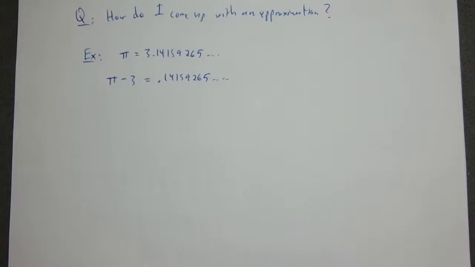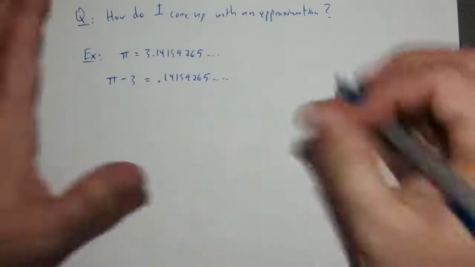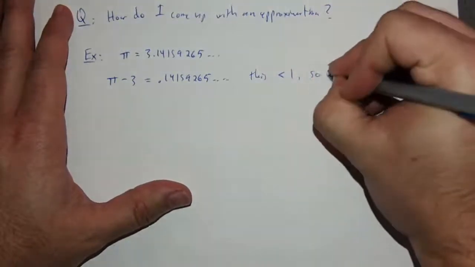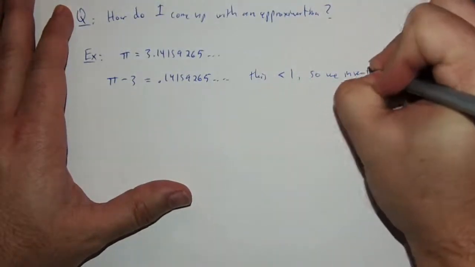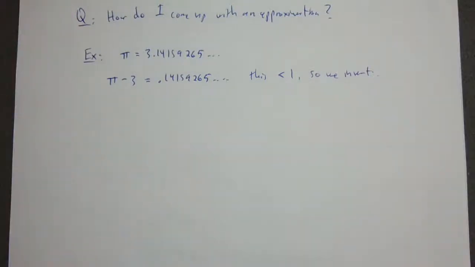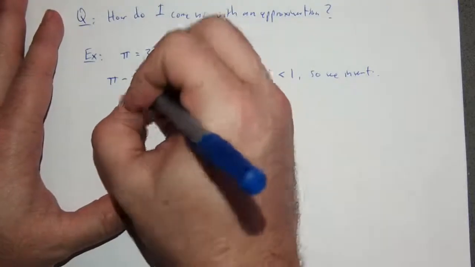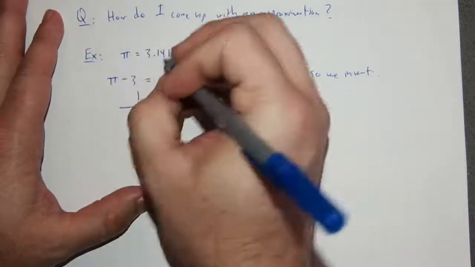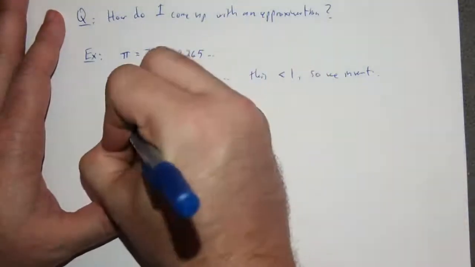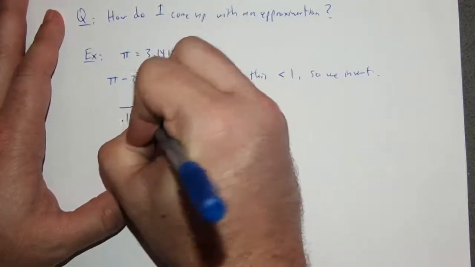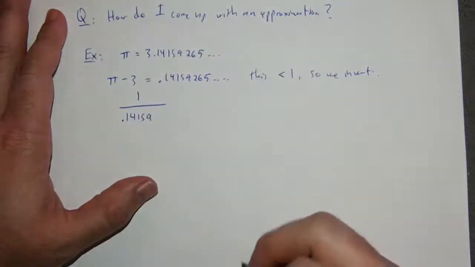The idea is this is less than 1, so we invert. You could do this by hand, but it would be extremely annoying, so you will use computational tools like a calculator or your favorite computational tool of choice.